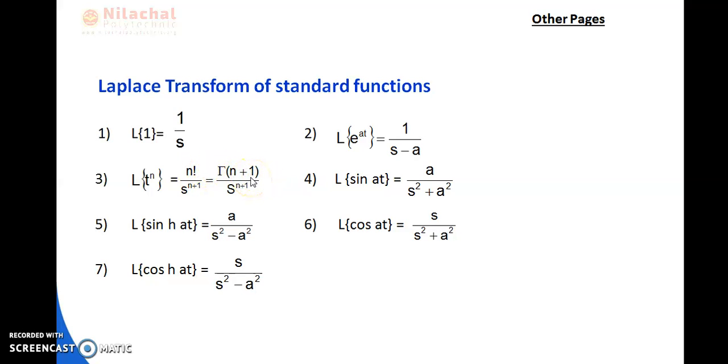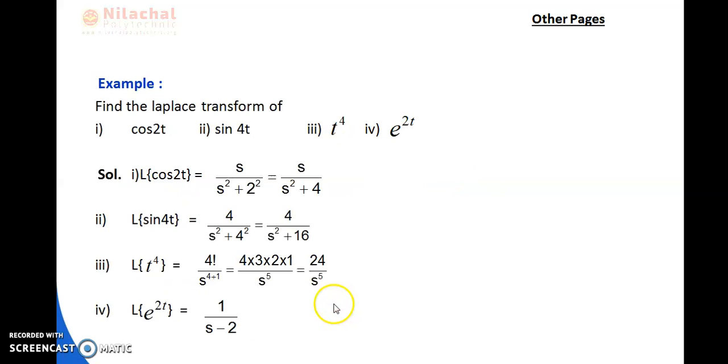So here in this question, t to the power 4, n is 4. So no problem will be there. T to the power 4 means 4 factorial by s to the power 4 plus 1, because your formula is t to the power n equals n factorial by s to the power n plus 1.